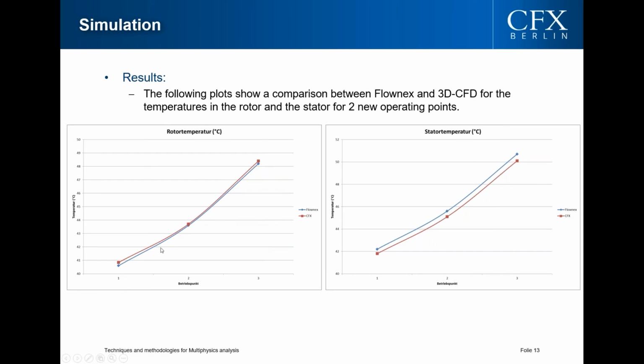You can see that you don't have any difference in the temperatures between the Flownex model and the CFX model, or maybe something like 0.2%. So if you compare the computational times and the accuracy you get, it's really a big advantage to use the 1D simulation.